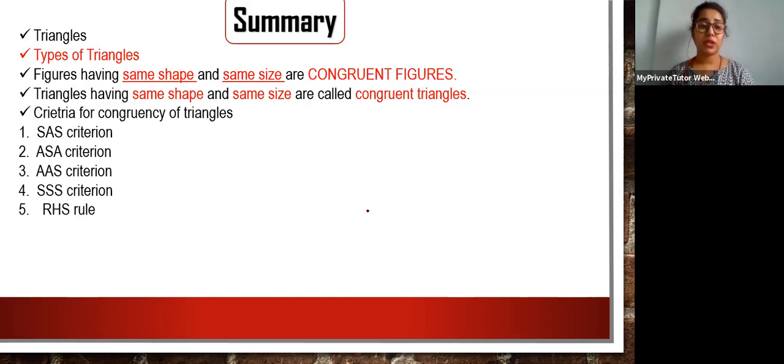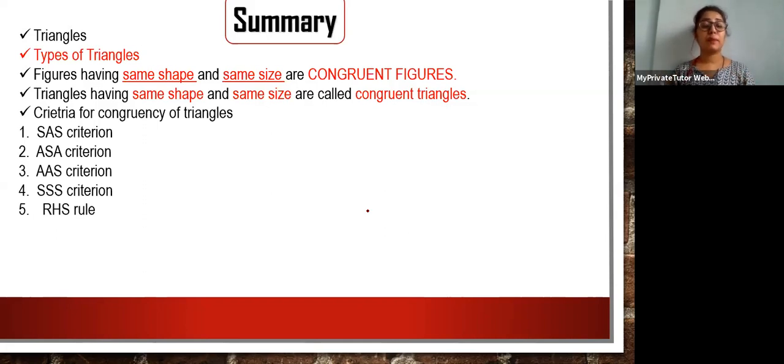Then we studied types of triangles, based on the angles and based on the sides. On the basis of sides, there is equilateral triangle, isosceles triangle, and scalene triangle. On the basis of angles, we have equiangular, acute angle, right angle, and obtuse angle.